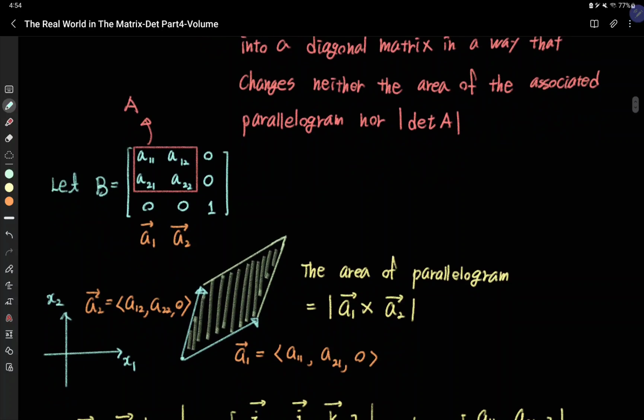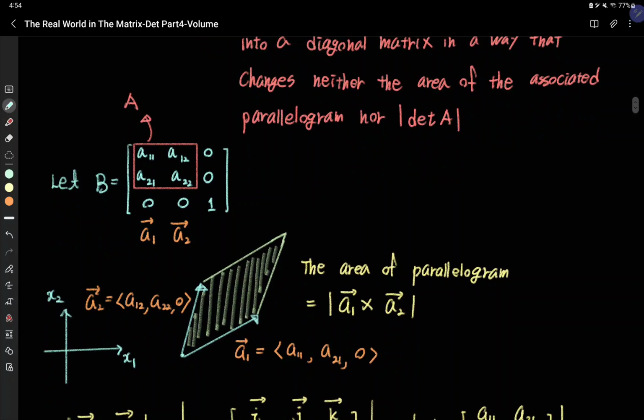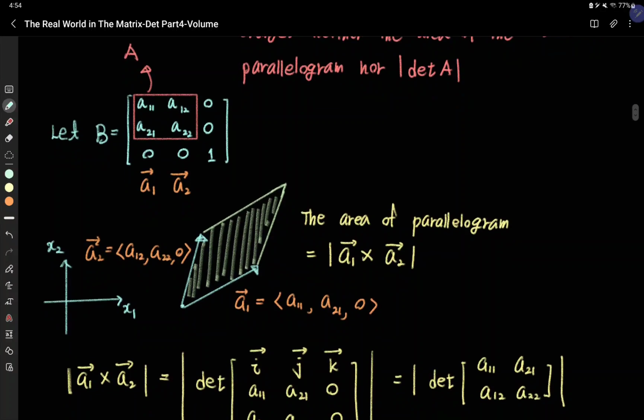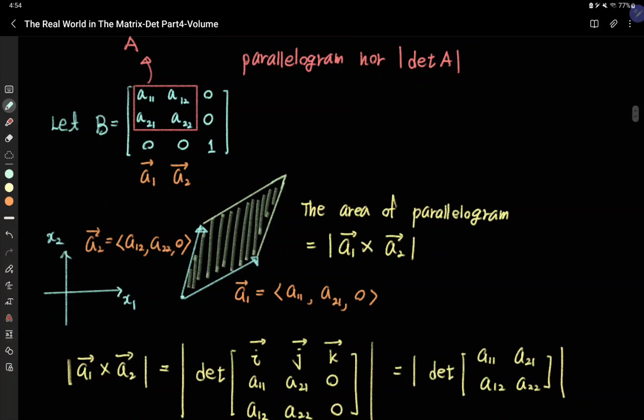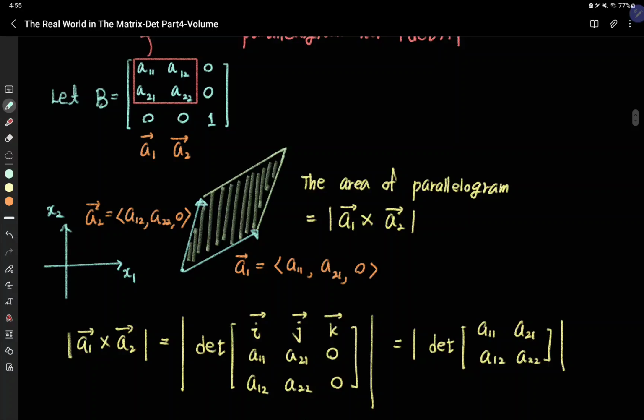The third diagonal entry is 1, and all other entries in the third row and third column are 0. Now the area of the parallelogram is the absolute value of the cross product of A1 and A2. It makes sense, right? Because I believe you learned this in vector calculus.